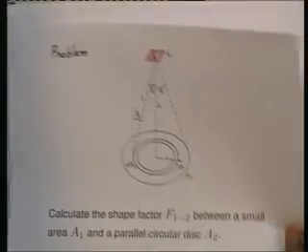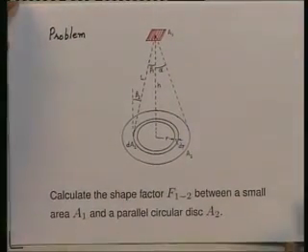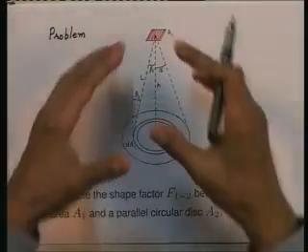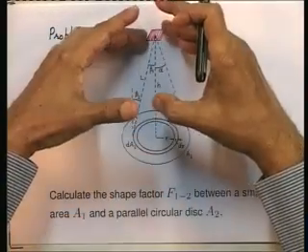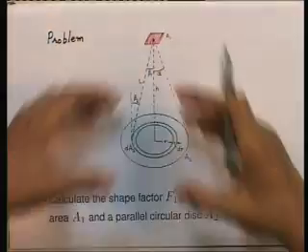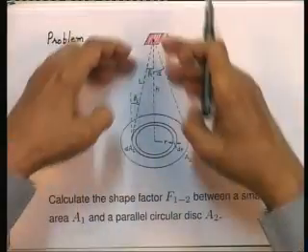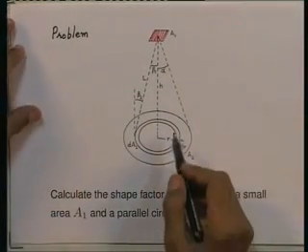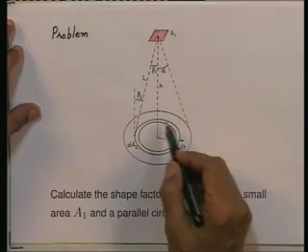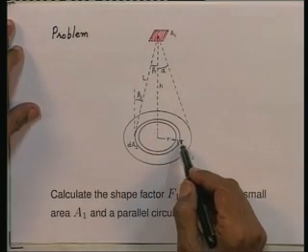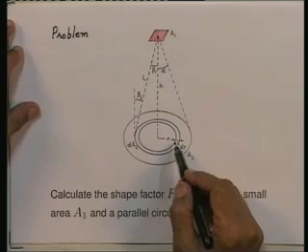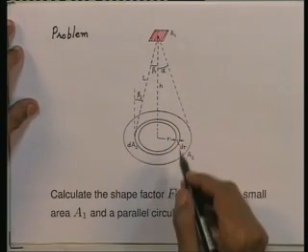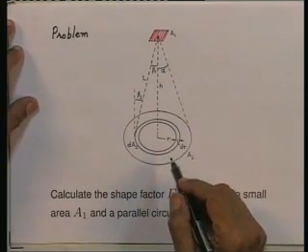Now, let me go back to the sketch here. We must take our dA2. In this case, we have symmetry. We want the radiation coming from 1 which falls within this cone. All right. So, since we have symmetry, for dA2, I can take a ring of thickness dr at some radius r. We have got symmetry all over. I do not have to take dA2 as r d theta dr in polar coordinates.